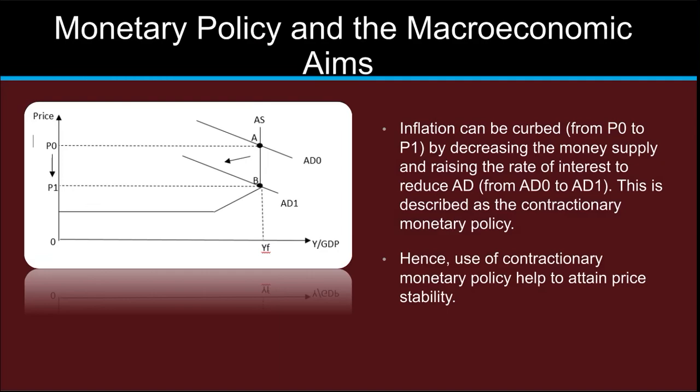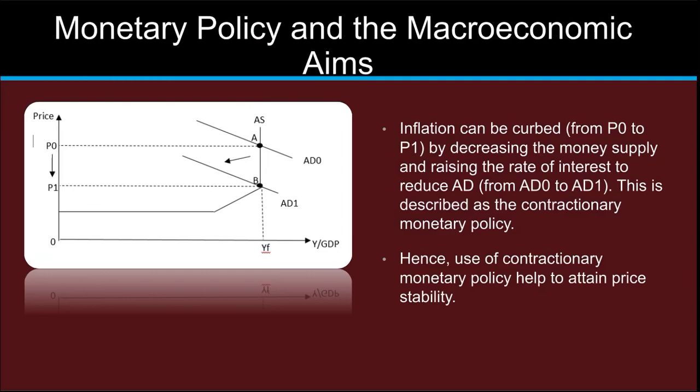If you take a look at this diagram here, it can be used to explain how the general price level, or inflation, can be curbed by increasing the rate of interest and decreasing the money supply in the economy. In other words, by implementing the contractionary monetary policy.